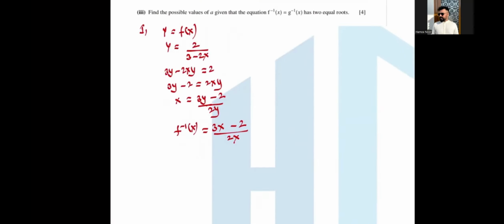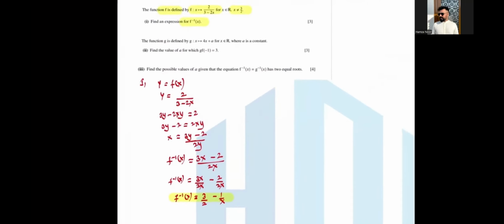So either you can write your answer in this form, expressed as a single fraction, or otherwise you can also say that since f inverse x will be equal to 3x over 2x minus 2 over 2x, therefore f inverse x is equal to 3 over 2 minus 1 upon x. As simple as that. Both of the forms would be acceptable. So this was the answer of part 1.